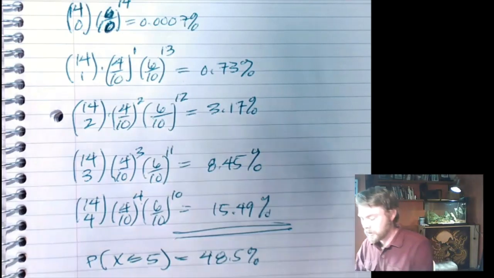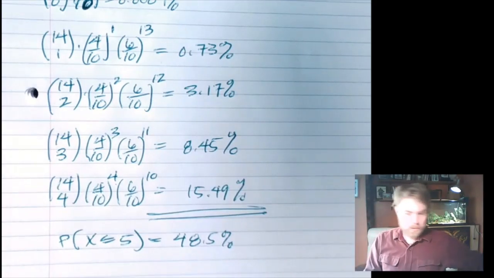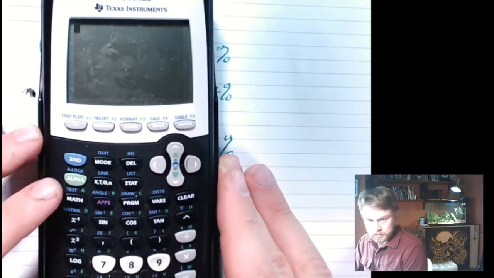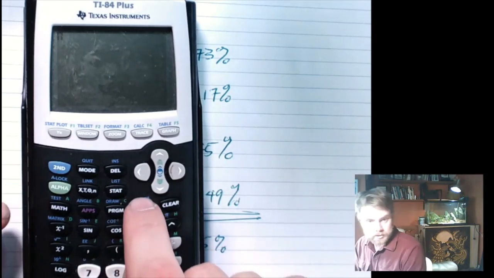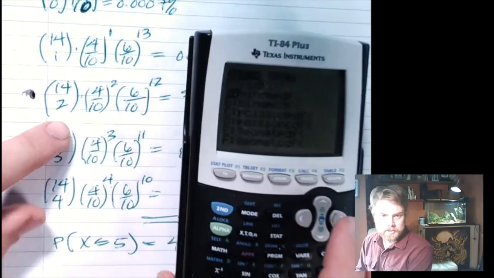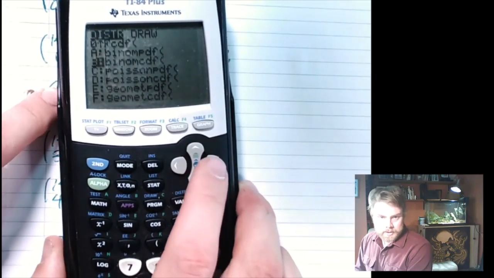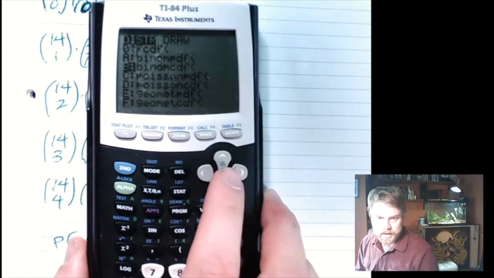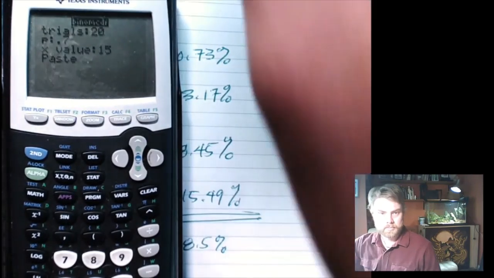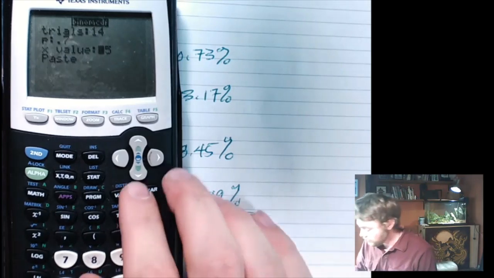Okay, there is a calculator way to do this, and the calculator requires us to do cumulative frequency, so we'll go to distribution, and this is a binomial. Now PDF is if we just want to do one of these. Cumulative CDF is if we want to add a whole bunch of these together, and that's the one that we want. Now we're going to do 14 trials, and we want our probability.